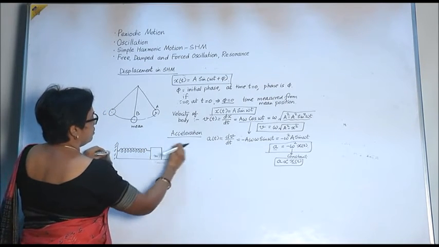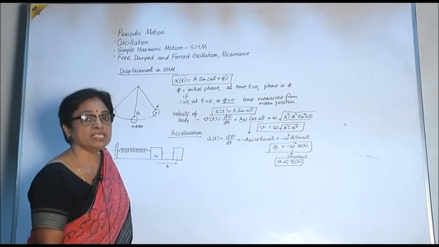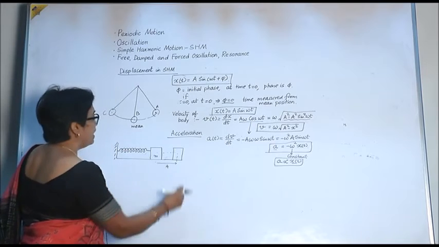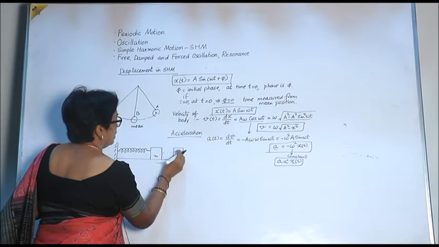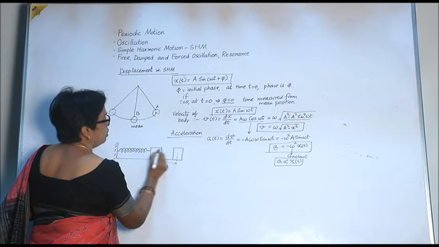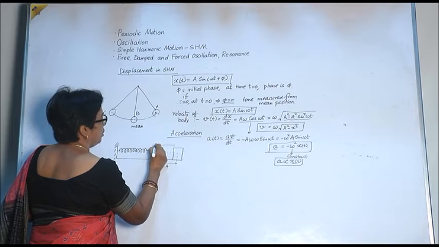You are extending the spring by an amount A. When you release it, the spring will try to compress and come back, so the body will move to this side and come to this position.